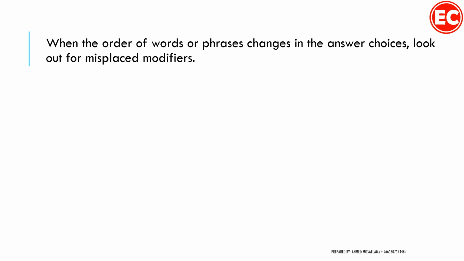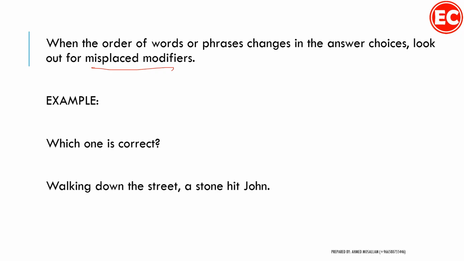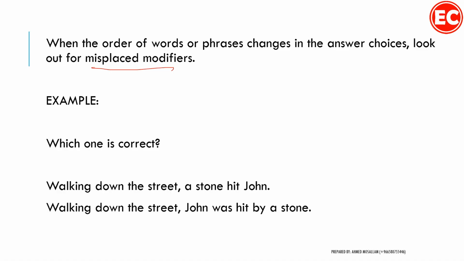So with the order of words or phrases changing in the answer choices, look out for misplaced modifiers, as I told you. If the noun is not very close to the modifier, that's wrong. Which one is correct? Look at these two examples. Walking down the street, a stone hit John. Walking down the street, John was hit by a stone. Give yourself time to think of this.